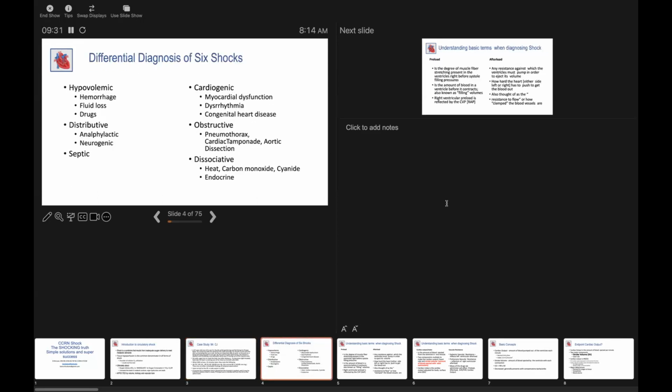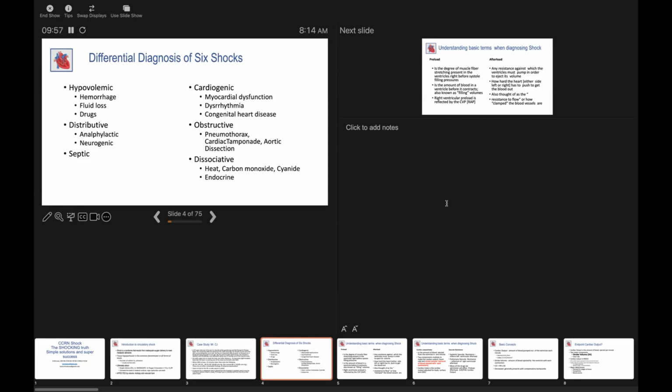Now we're gonna say, okay, we understand there's many causes of shock. And what's really important for us to remember is that with sepsis, you move through multiple levels of shock. Sepsis is the causative factor. But when you think of sepsis as a form of shock, you miss the boat.